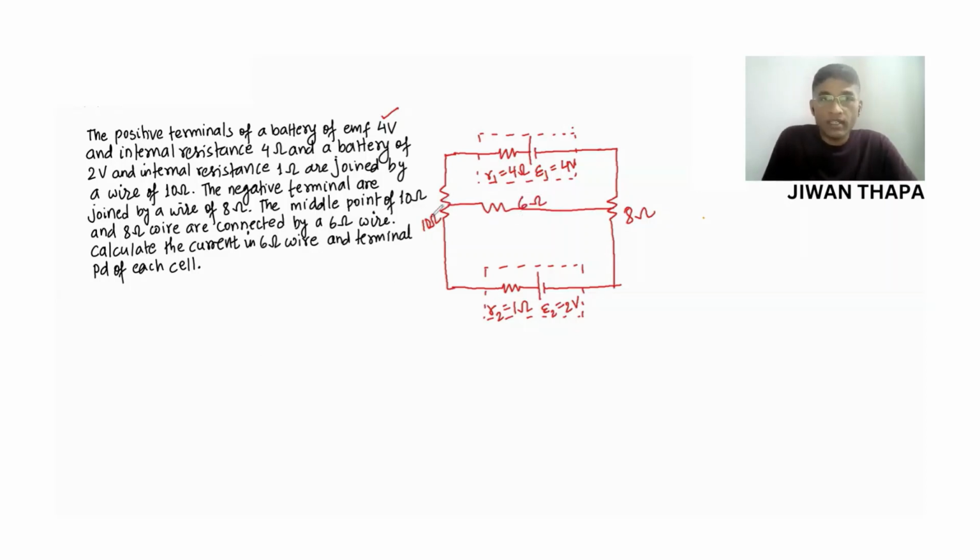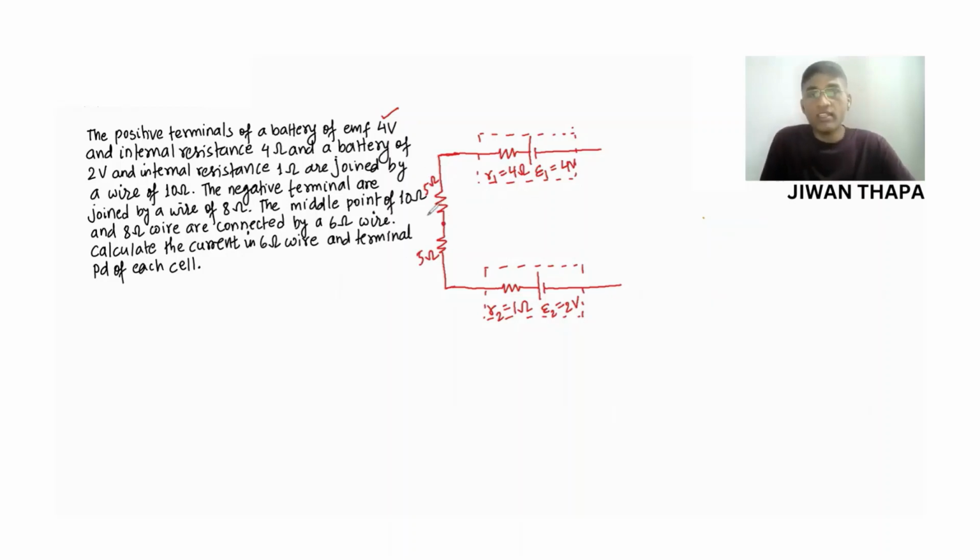So it means that 10 ohm is divided into two parts, 5 ohm and 5 ohm. 8 ohm is divided into 4 ohm and 4 ohm. So we can draw this in this way. We have 5 ohm, 5 ohm.